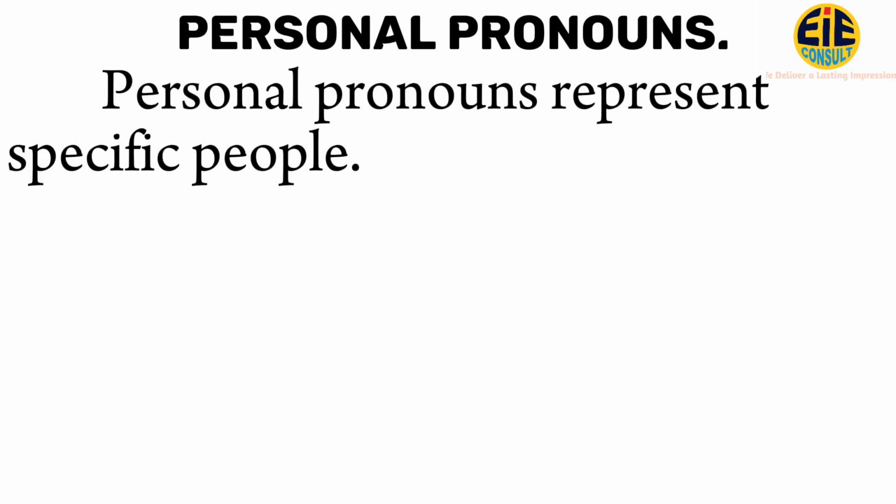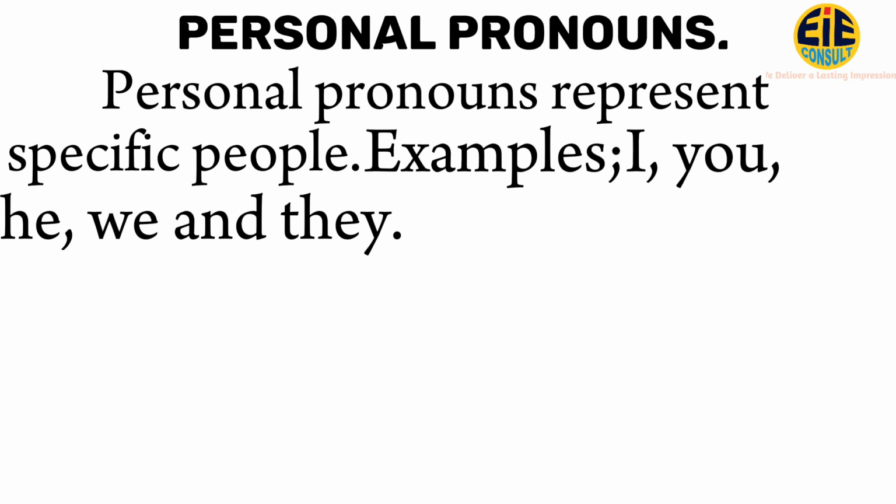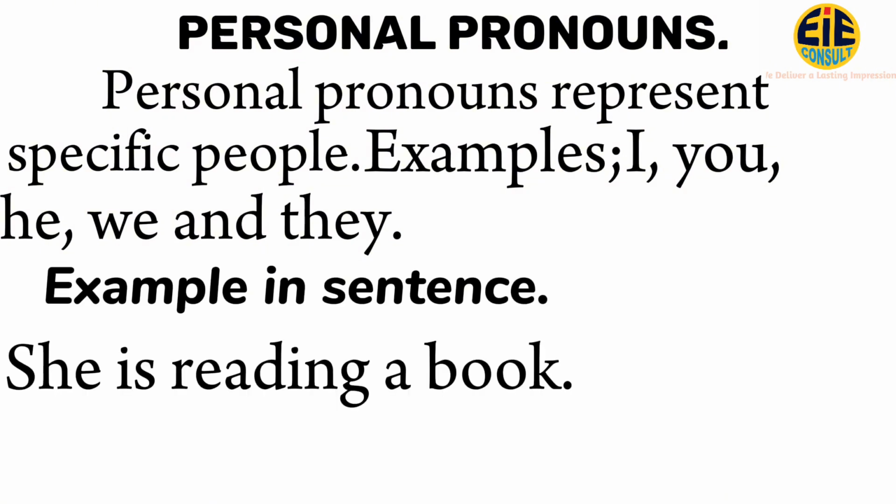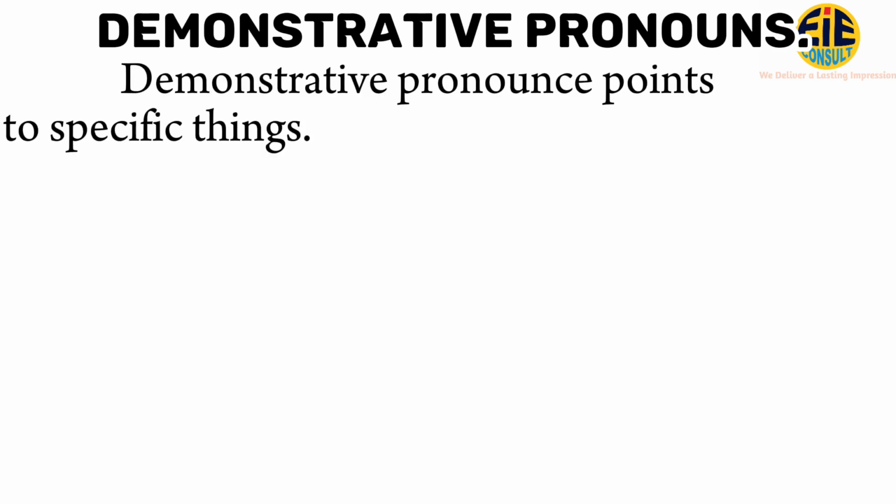Personal pronouns represent people. Examples: I, you, he, it, we, and they. We use sentences to illustrate their usage, such as she is reading a book. 2. Demonstrative pronouns. Demonstrative pronouns point to specific things.